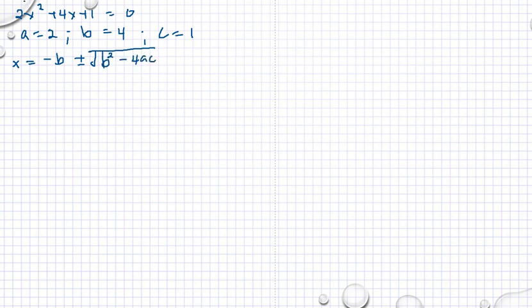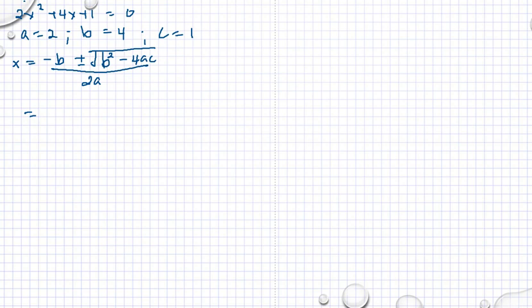Another example, 2x squared plus 4x plus 1 is equal to 0. Then we have a is equal to 2, b is equal to 4, and c is equal to 1. The formula says we have negative b plus or minus the square root of b squared minus 4ac, divided by 2a.